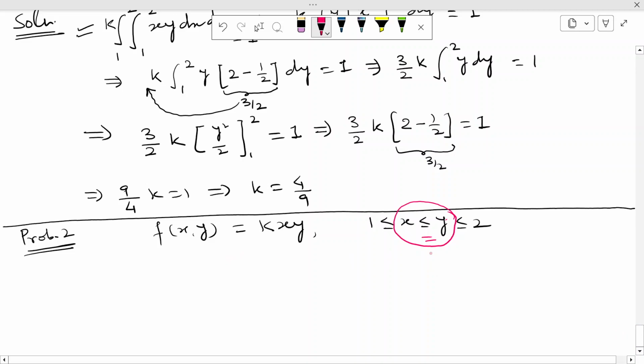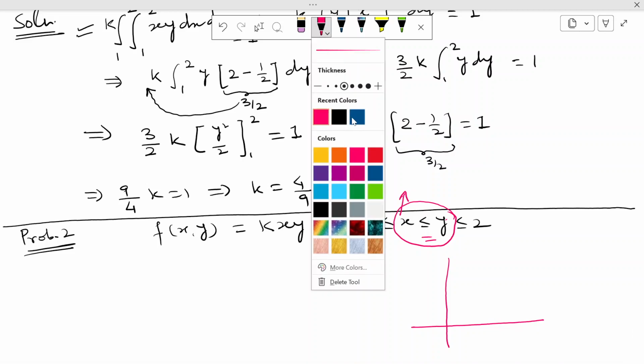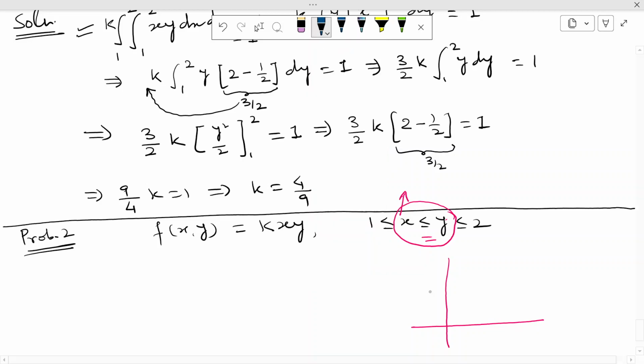So this is the case when we do not have constant limits. So first of all we need to sketch the domain over which our f(x,y) is defined. First we focus on x, which varies from 1 to 2, so we put x equals 1, and we draw another line which is x equals 2.